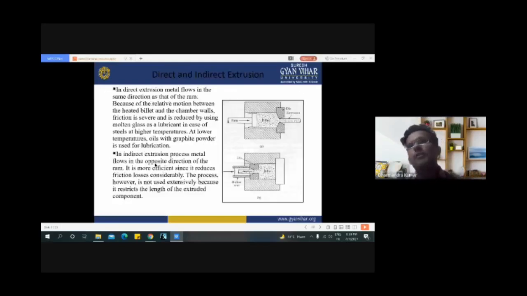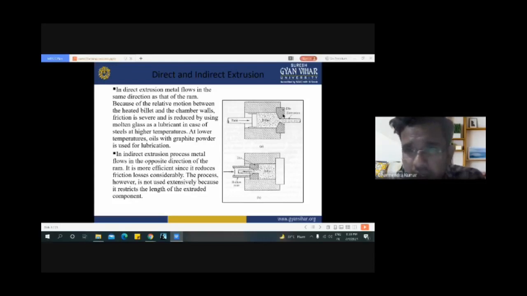Here, from the diagram we can better understand. This is the ram. This is the billet, meaning the viscous material, and this is the overall configuration of the extrusion process.